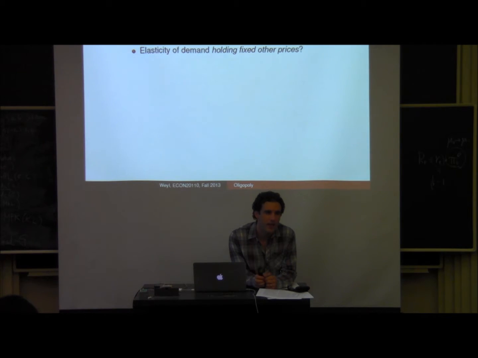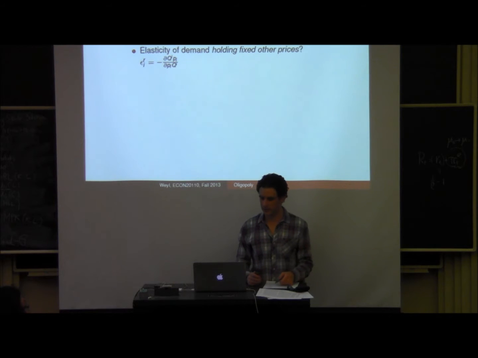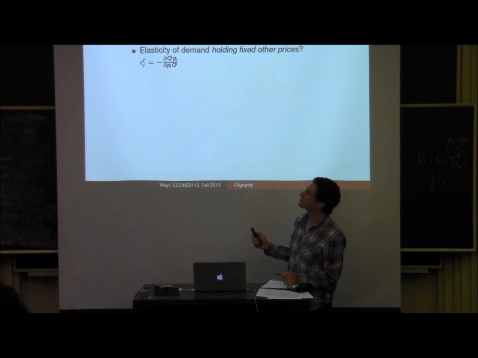Right, yeah. But if I want to hold fixed all the other firms' prices, then what type of derivative do I take? When I take the derivative of one thing holding fixed other things, have you taken multivariate yet? Not yet. Okay. So there's the notion of a partial derivative, which is the partial derivative of quantity with respect to price.